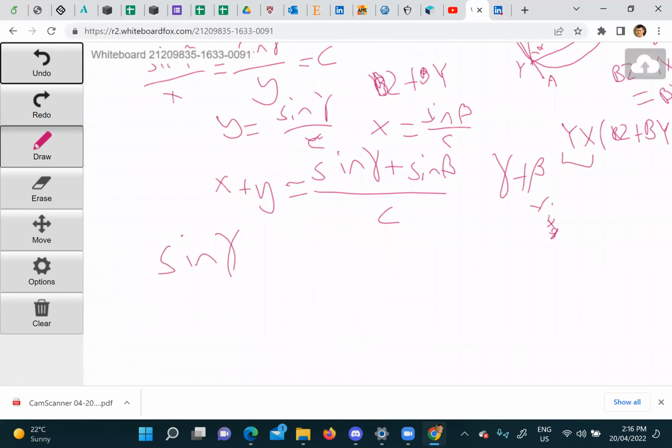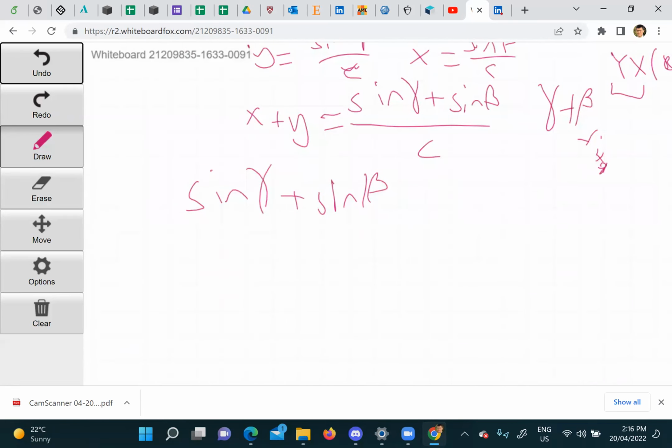We don't care about C. So how does... Use your newly learned calculus. Oh, wait a second. Maximize this when this is fixed.